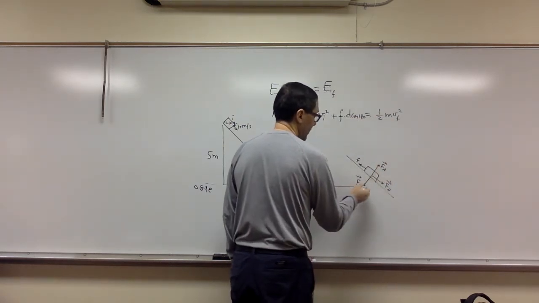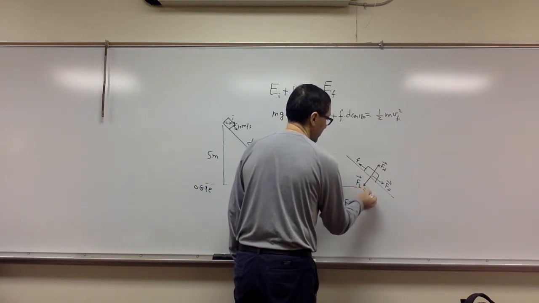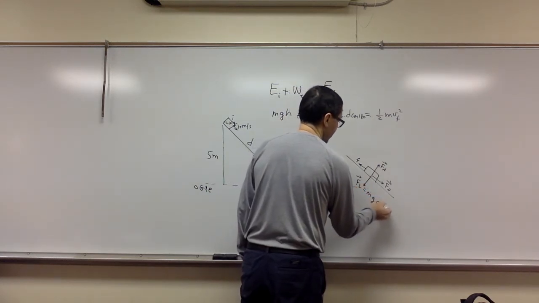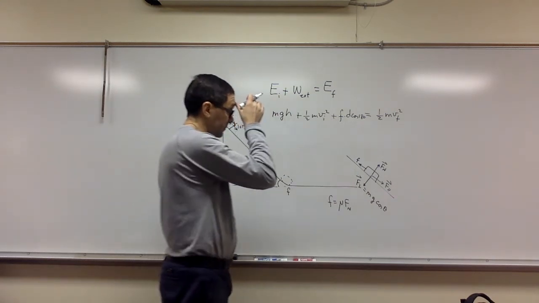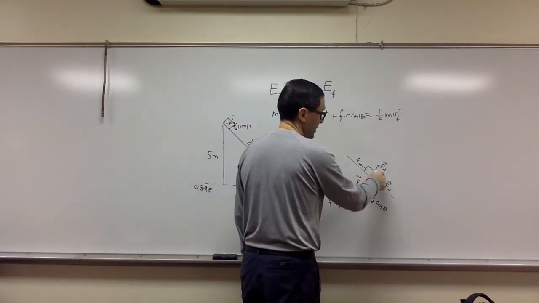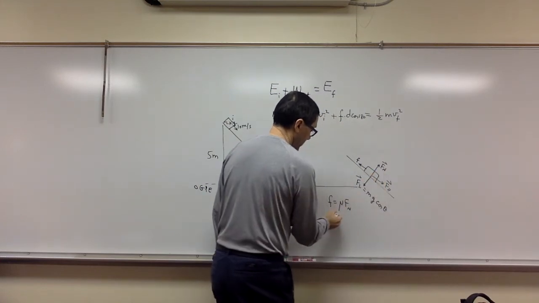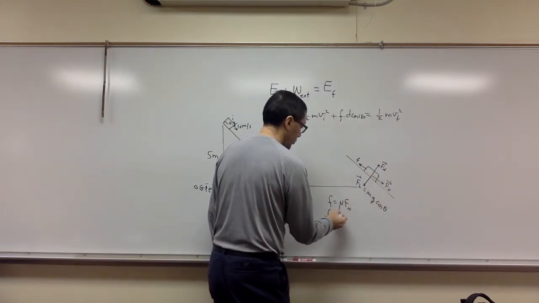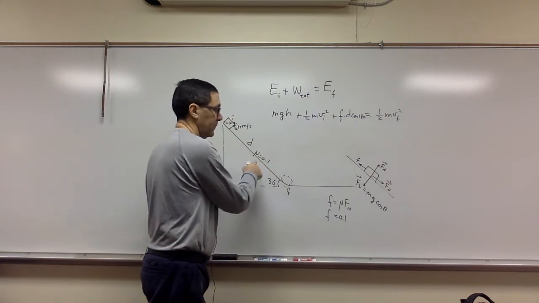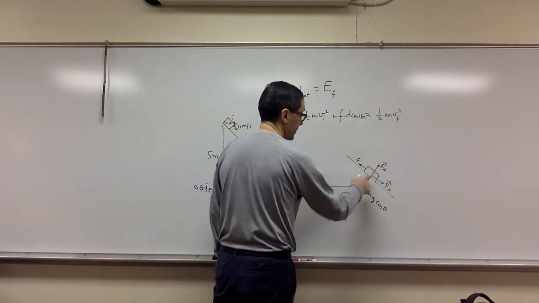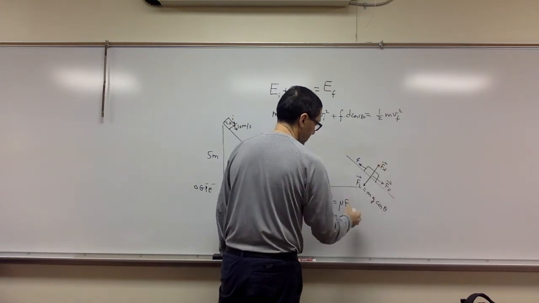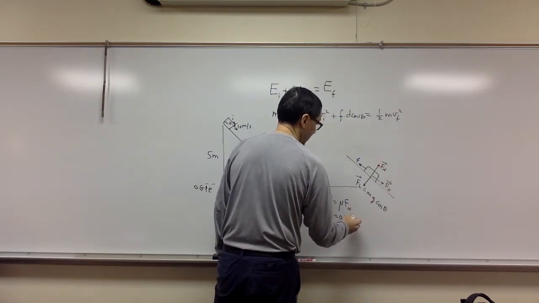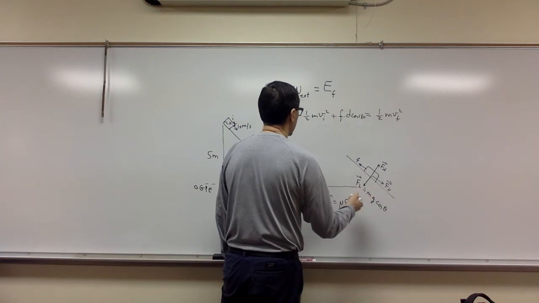And this F perpendicular, if you remember, is just mg cosine of the angle. F perpendicular is the same as Fn. So the force of friction is going to be mu, which is 0.1 here, times Fn, which is F perpendicular, because the block is not moving this way. So that's going to be mg cosine of 30.